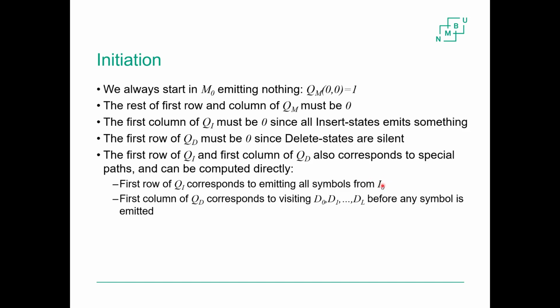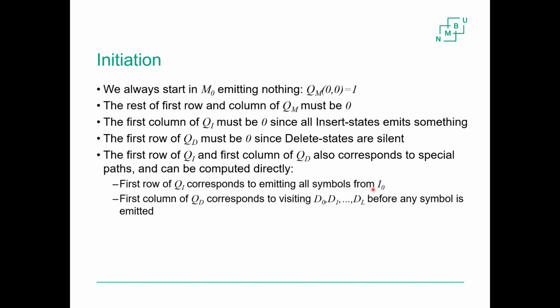Remember that these insert states just emit symbols randomly, all symbols equally likely. So if this is the one that matches your sequence, the sequence is completely random, it certainly doesn't have a pattern, and the corresponding probability will be very low, because the probability of visiting insert states over and over and over again is very small.